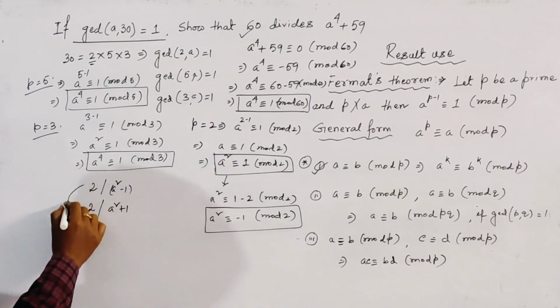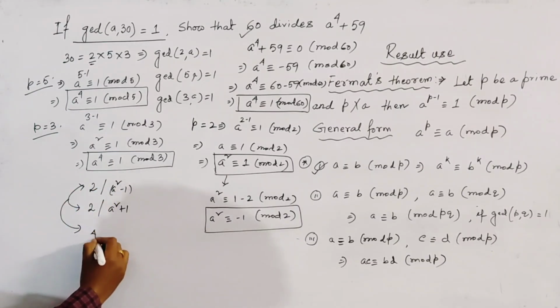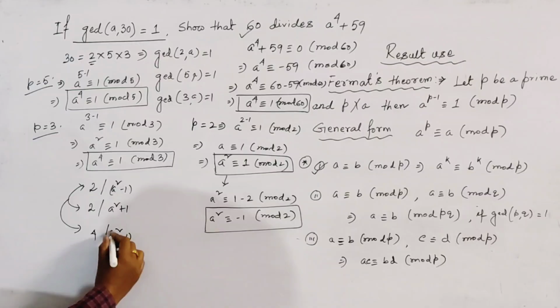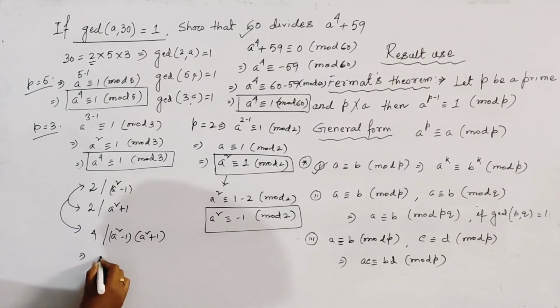So combining these two results we may write that 4 divides a square minus 1 into a square plus 1, right? So we get 4 divides a to the power 4 minus 1.